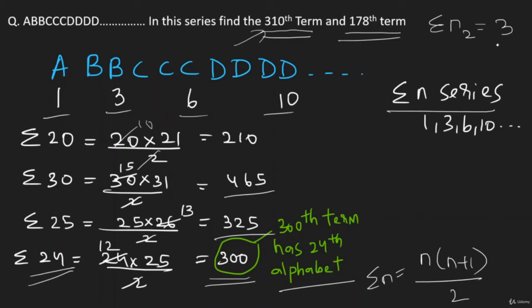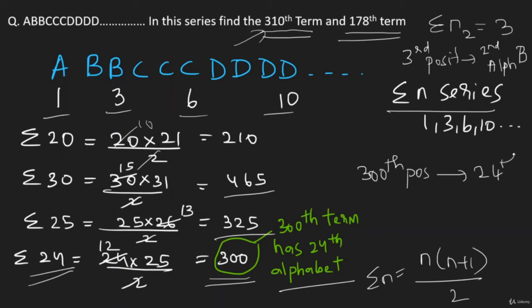So that means the third position has the second alphabet, which is B. Similarly, over here you can see that the 300th position has the 24th alphabet, right? That's what we can learn from this part over here.